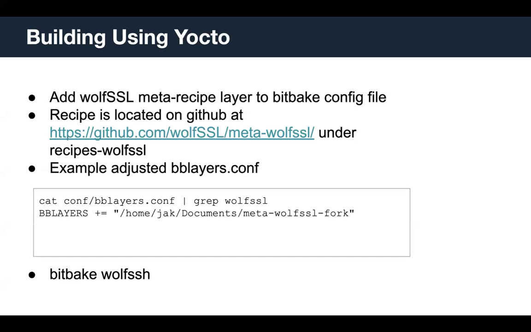I had mine named meta-wolfSSL-fork, but it's the same type of concept. You just do a clone of our meta-wolfSSL repository, that is. And then I believe recently we've made it so that there's one line that you have to uncomment to enable the wolfSSH layer. That step's documented in the meta-wolfSSL repository. And after having done that, then you can do bitbake wolfSSH, and it'll just build it into your Yocto build.